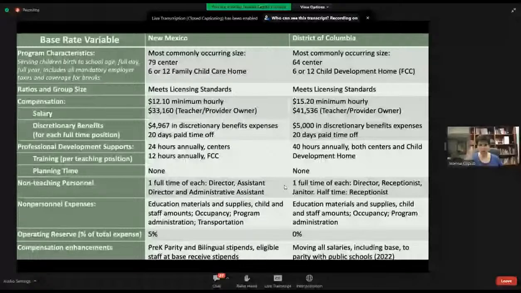Eligible staff at the base and any other level within their cost model, but starting at the base, receive these stipends directly. They have some criteria, but it's not criteria in the sense of what we were talking about earlier, when Mari raised concern that there'd be another certificate, another requirement put on staff. It's really a much simpler eligibility requirement, and then the staff receive those stipends directly for fulfilling that criteria.